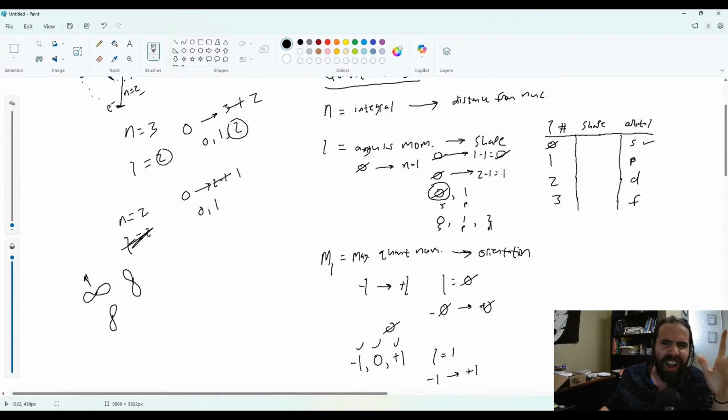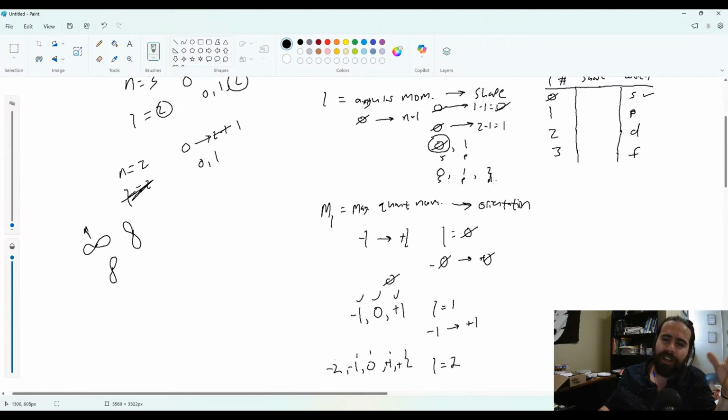Okay, so L is our shape. Our M sub L, so you're locked into your shape, right? But then you have different configurations of that particular shape, right? And the amount of different configurations that you have access to is determined again by your L value, taking you all the way from minus L to plus L. If I have an L of 0, I have access to one configuration.